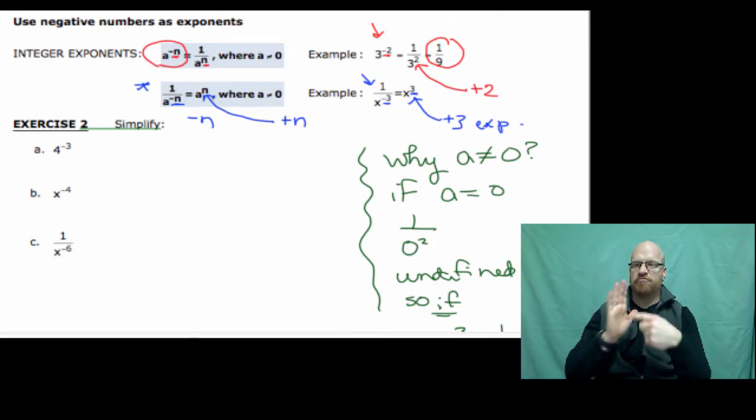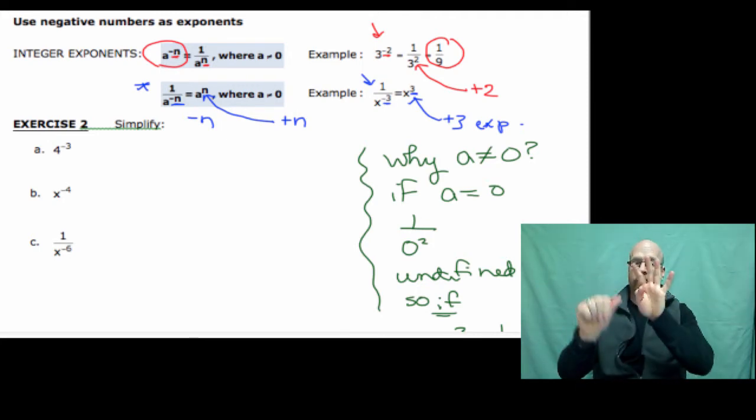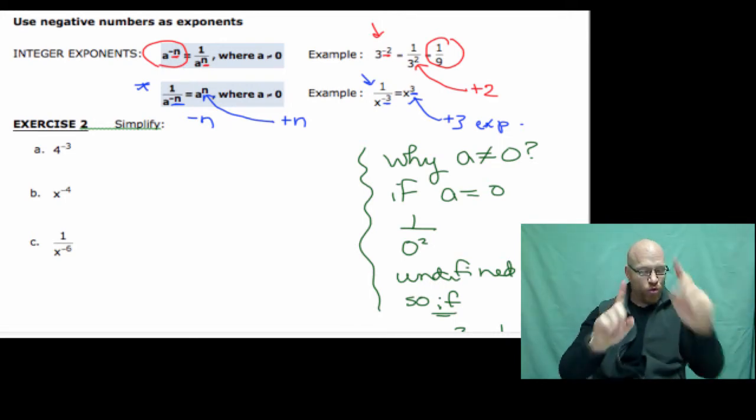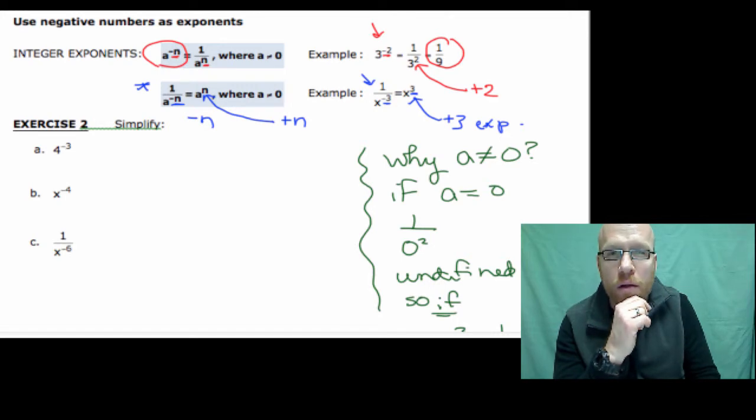We have 3 examples here, and they're relatively short. A example is 4 to the negative third power. Now, it's in the numerator because it is a whole number.